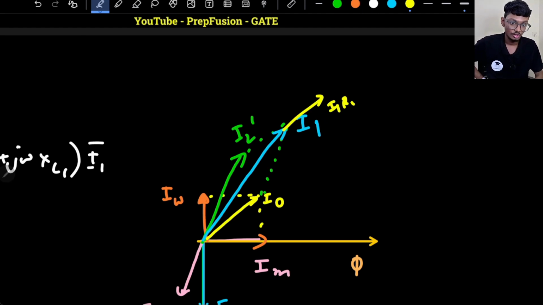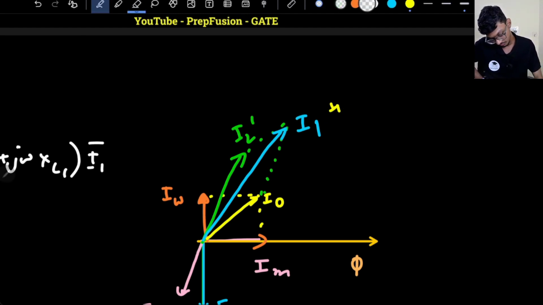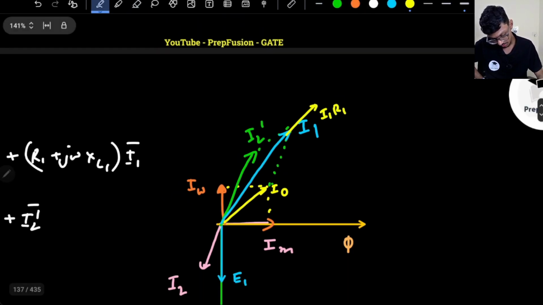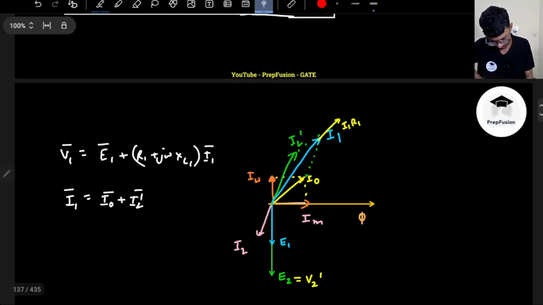Okay, what about the next drop? This drop will be 90 degrees leading with respect to I1.